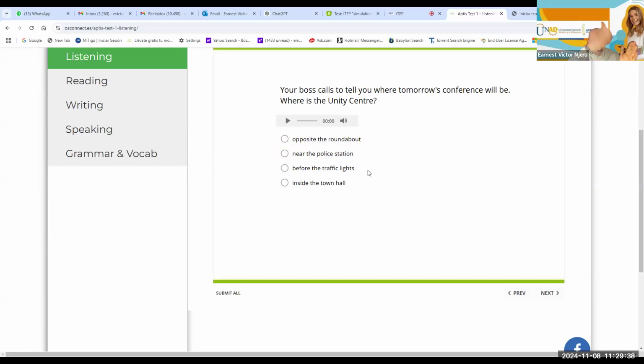That's like in the process of going there. Inside the town hall? Maybe. So let's pay attention especially to inside the town hall, near the police station, and maybe before the traffic lights, but opposite the roundabout, not that much. Let's go.